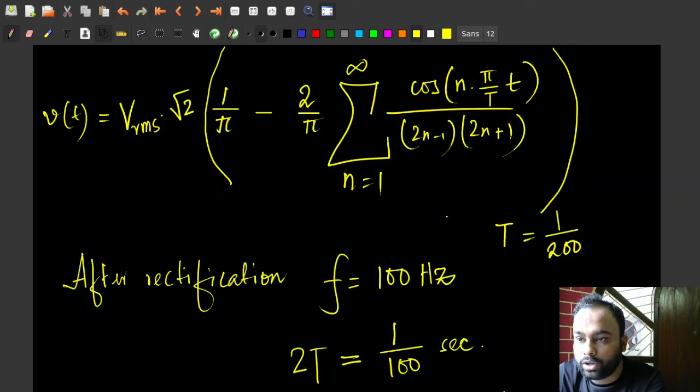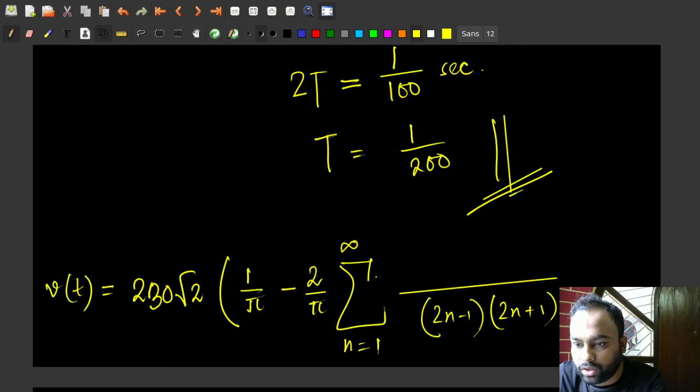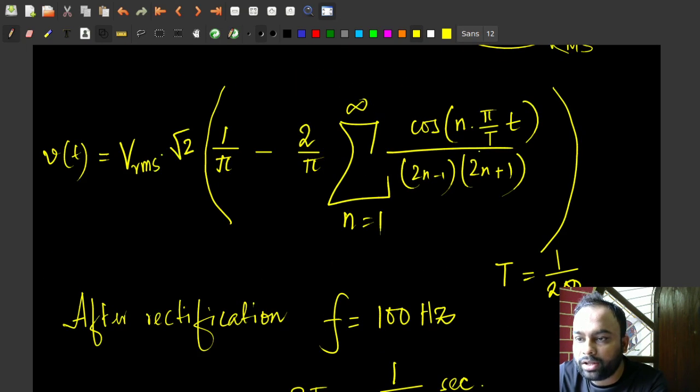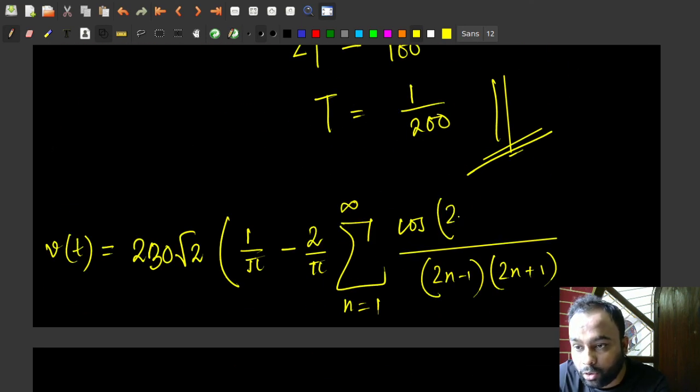So that's going to be cosine, 200 n pi t, right?